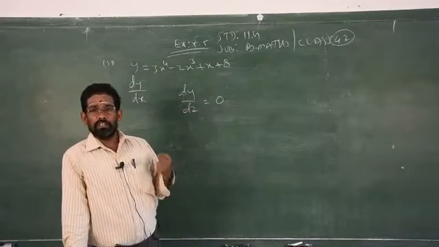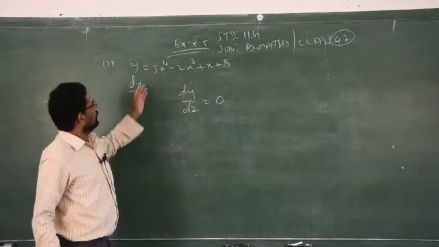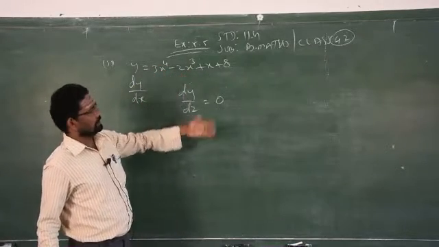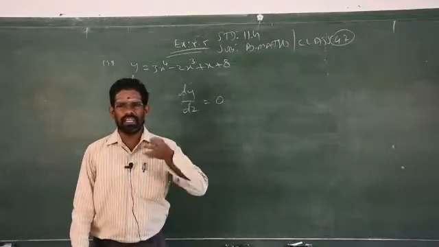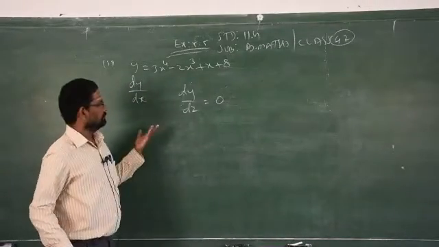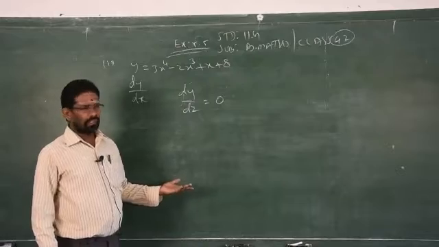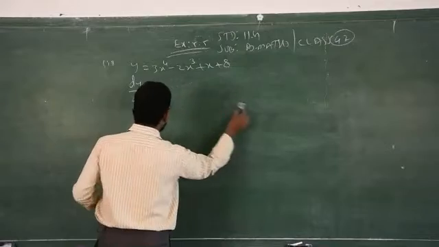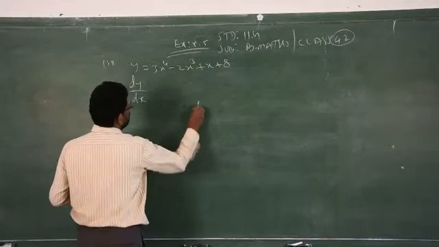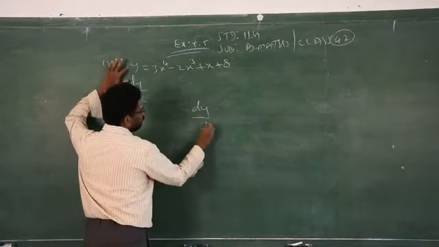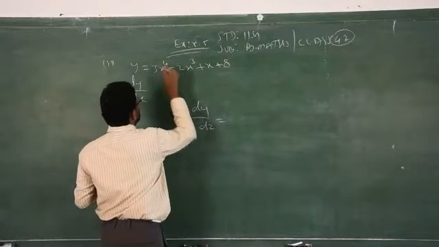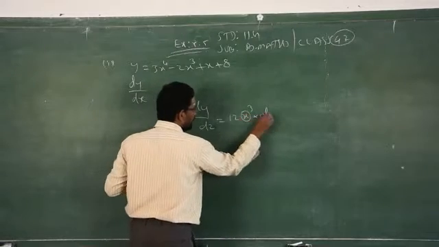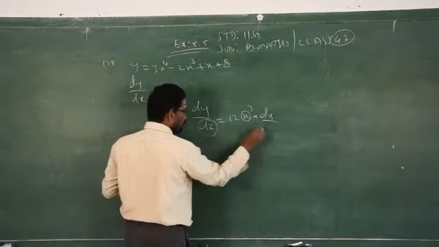When the question is like that, differentiate the given function y is equal to 3x power 4 minus 2x cube plus x plus 8 with respect to the variable z, then you cannot find. You can differentiate, but how will that answer be? Differentiating y with respect to z is, as usual, 12x power 3 into differentiate x with respect to what? dz.